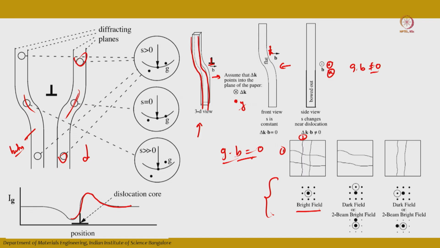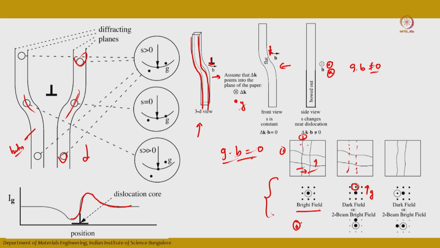If you do a two-beam bright field or dark field image from this particular spot, which has a G vector in this direction, the Burgers vector for this particular dislocation is in this direction, so G dot B for these dislocations is 0, and they are invisible in this condition.